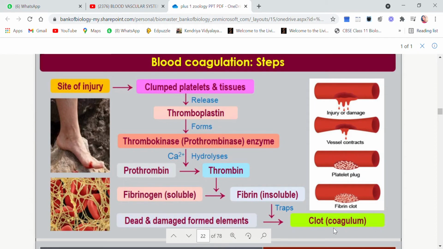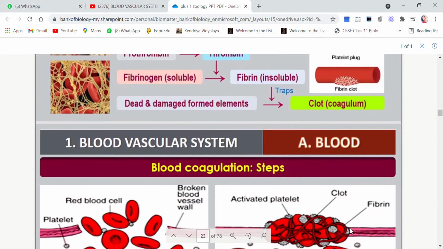You can say that everything has been closed up. The wound underneath is now covered with lot of fibers plus few damaged and dead formed elements like RBCs, WBCs and platelets, and they all together form a cover which is called clot or coagulum. So this is how the blood flow will stop.